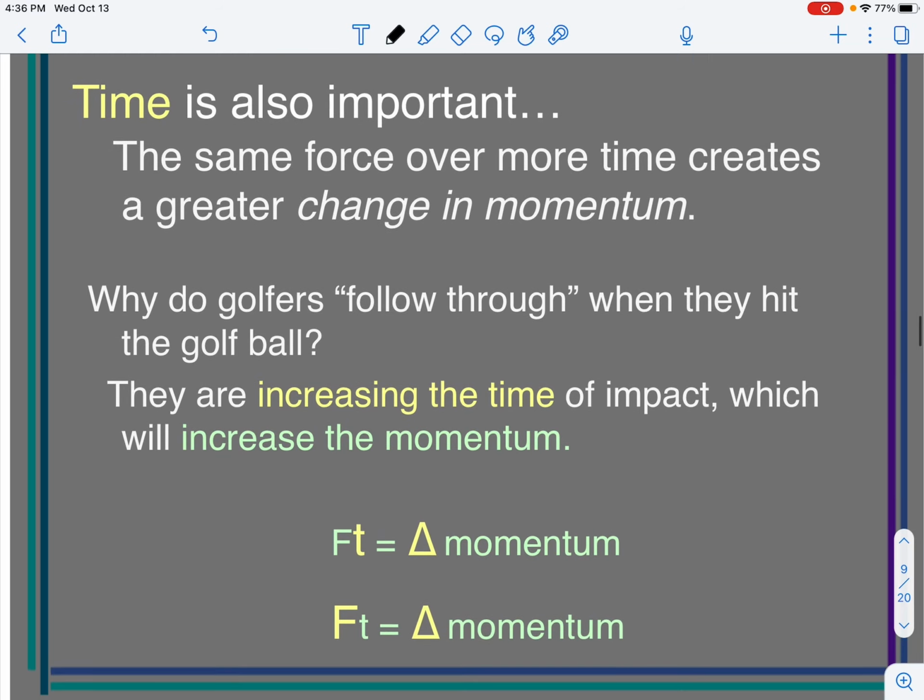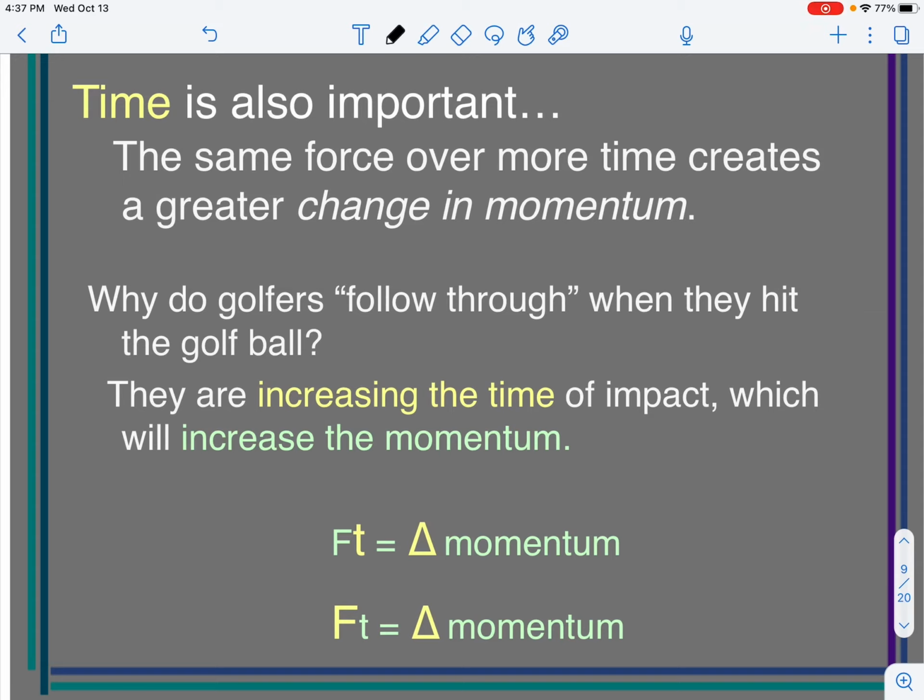Now, the force applied onto the object is absolutely going to affect how much momentum change the object experiences, but it's not the only variable. The amount of time that this force is applied is also going to have an effect on that change in momentum.